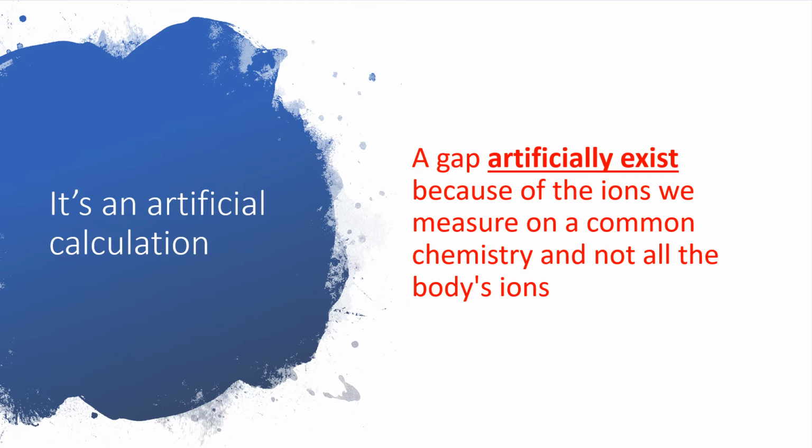The anion gap is an artificial calculation, and the reason is that a common chemistry that pretty much everybody draws on their patients as part of a basic lab profile does not measure all the ions in the body. So you've got a bunch of ions that could possibly make it into this calculation, but they're not readily available for our labs to measure. So therefore, we don't calculate those in, and we have an anion gap for that reason.